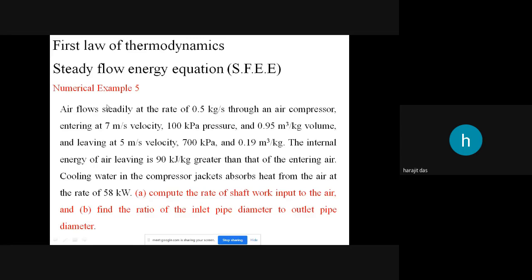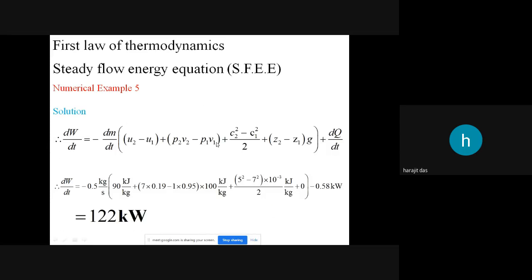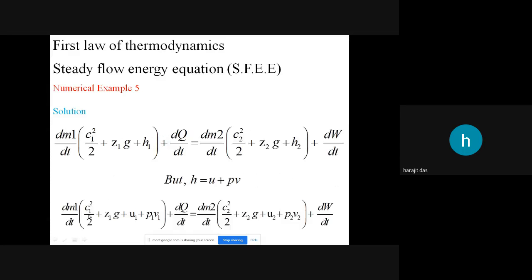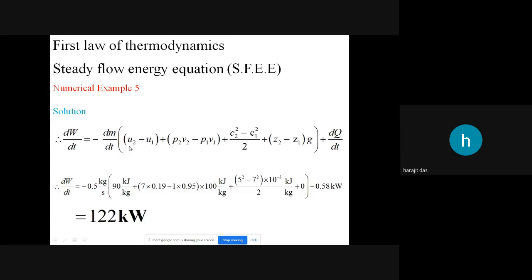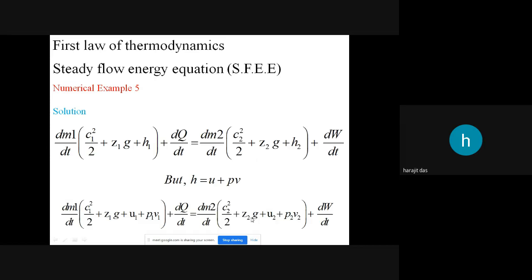It is said that it is a steady flow process. That is why dm1 by dt will be equal to dm2 by dt, 0.5 kg per second. Understood? That is why you can write it like this, dm by dt. If you rearrange this term and this term, you will get u2 minus u1.